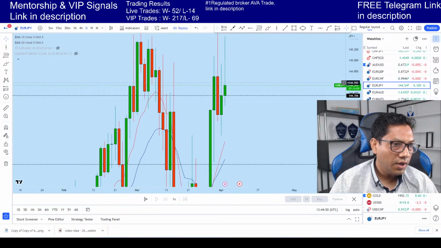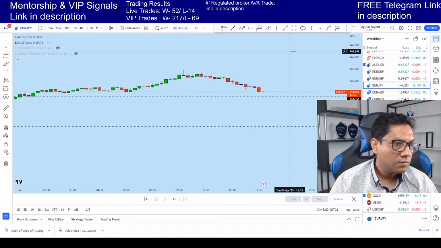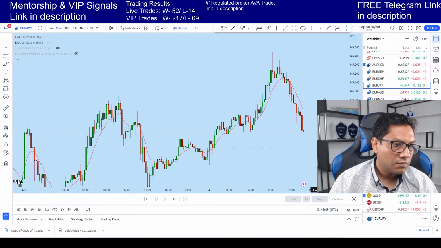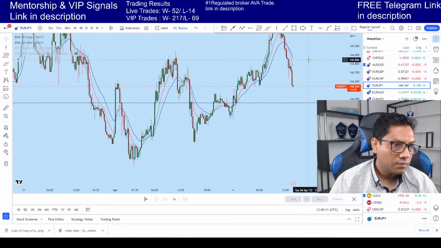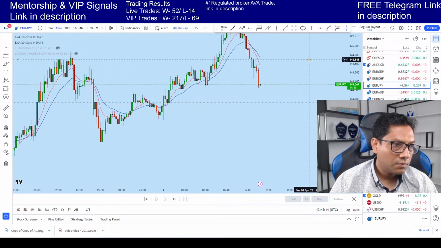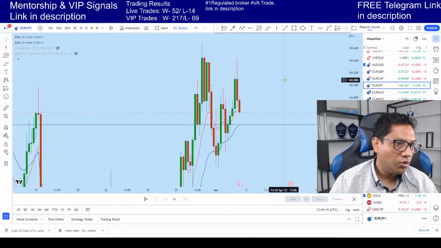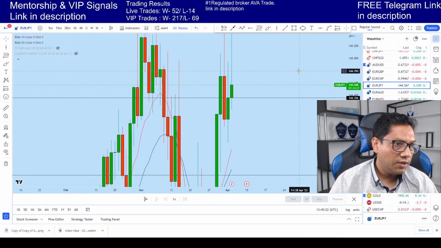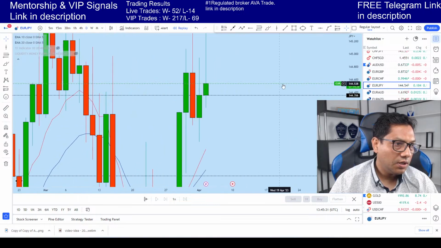So EURJPY, today so far, this is the daily candle, and there's a big move to the upside initially.